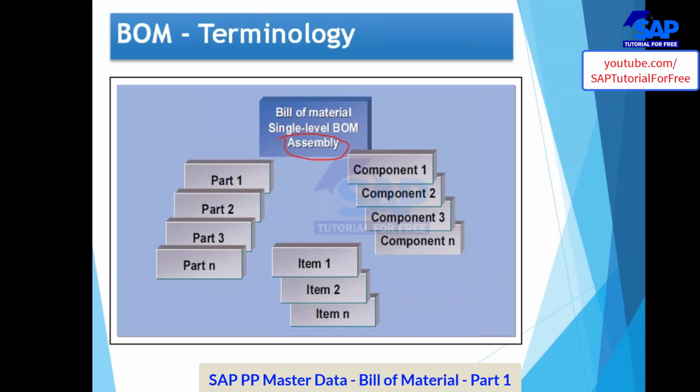The materials which are required to manufacture the product, in some industries they call parts, in some industries components, in some industries items. Terminology differs from organization to organization, but basically they are components. They are nothing but input materials.